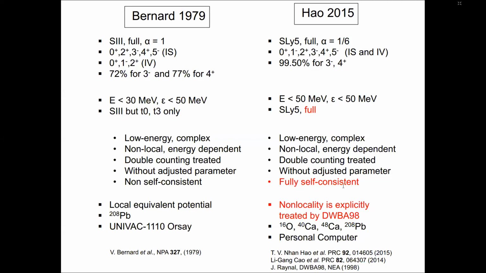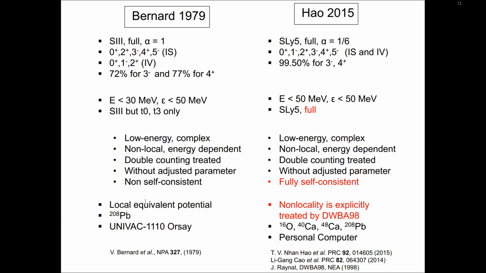Fully self-consistent means that we use only SLy5 to generate the Hartree-Fock calculation. Then after the Hartree-Fock calculation, we get the single-particle states, and then we do the RPA calculation to get the phonons. And we also use SLy5 to make the coupling between the single-particle states and the phonons. So the SLy5 interaction is fully self-consistent, and I drop no term during my calculation.